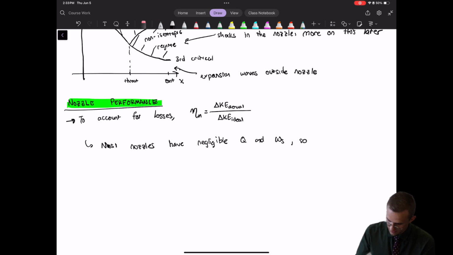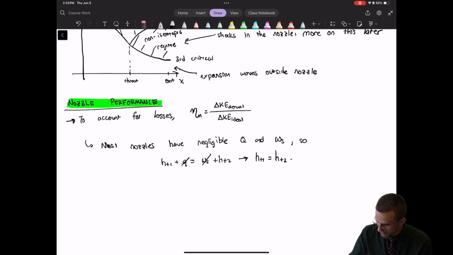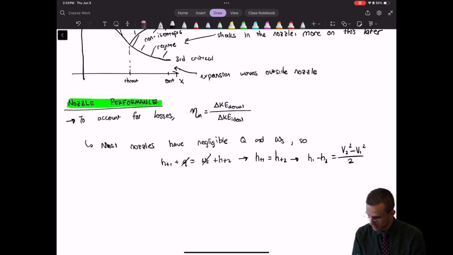So the energy equation just tells us that HT1 plus Q equals WS plus HT2. Both of these just go to 0. So we know that the stagnation enthalpy remains constant in the nozzle, which tells us that H1 minus H2 is equal to V2 squared minus V1 squared over 2.